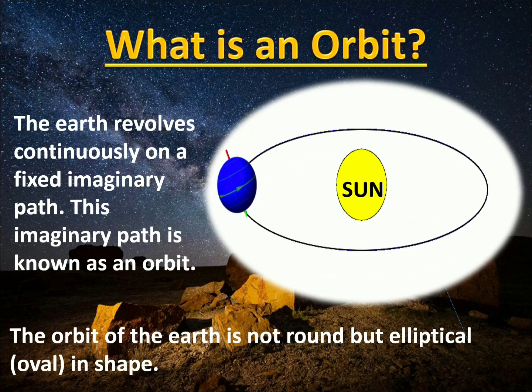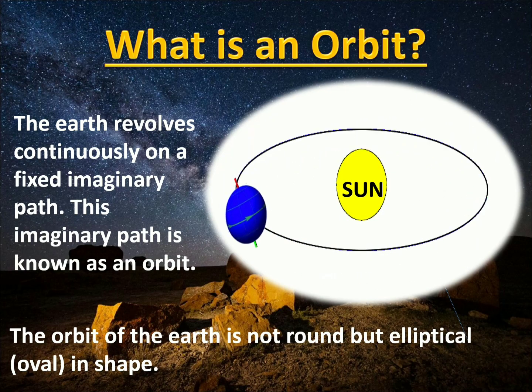This imaginary path is known as an orbit. So, the earth rotates on its axis and the earth revolves on its orbit. Is it clear? Students, please don't get confused between rotation and revolution.